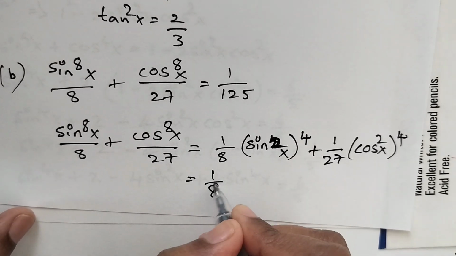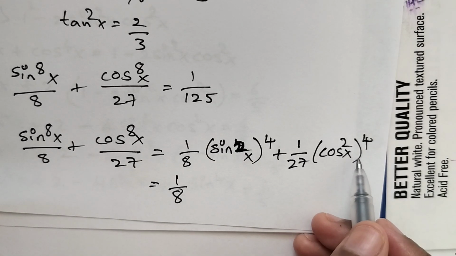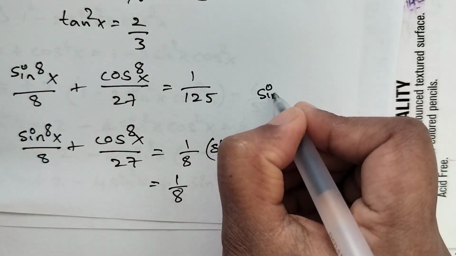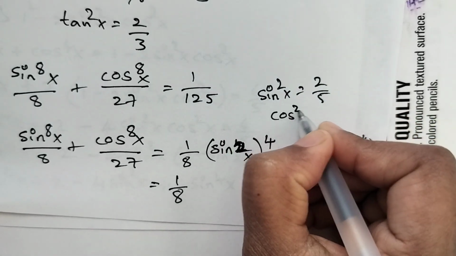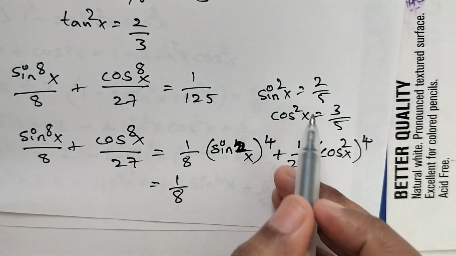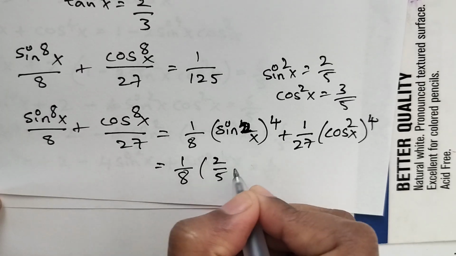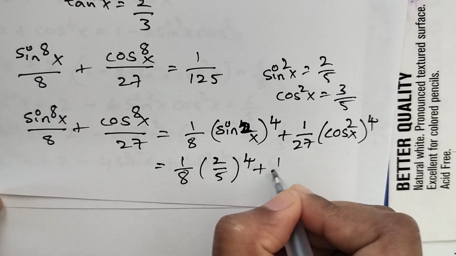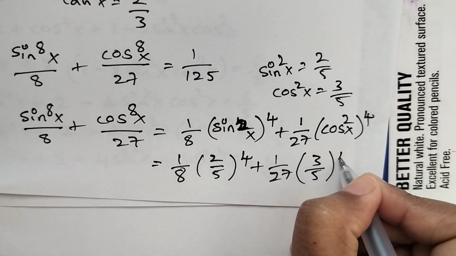So this term we can write like this. So we know the values of sin square x and cos square x, right? Sin square x value is 2 by 5 and cos square x value is 3 by 5. So just substitute the values of these terms in this equation. Then we'll get 1 by 8 (2 by 5) whole to the power of 4 plus 1 by 27 (3 by 5) whole to the power of 4.